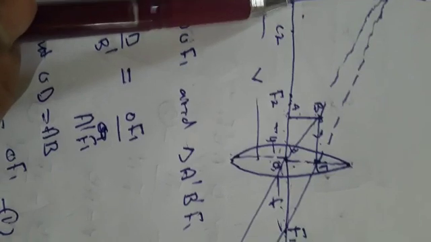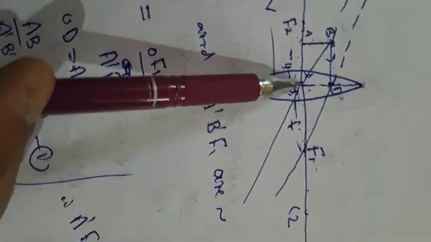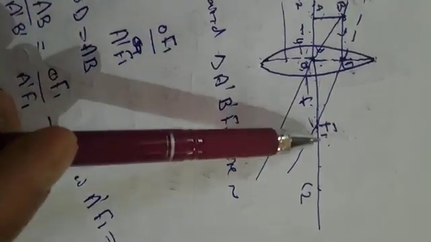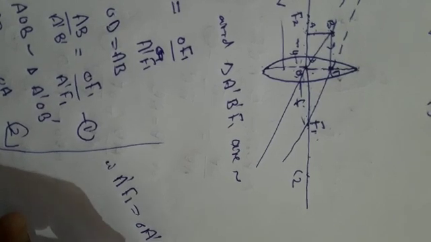A dash F1 can be written. If we look towards the figure, A dash F1 is the distance from here to here, and I cannot measure this distance directly. I can split it: OA dash F1 is equal to OA dash plus OF1.